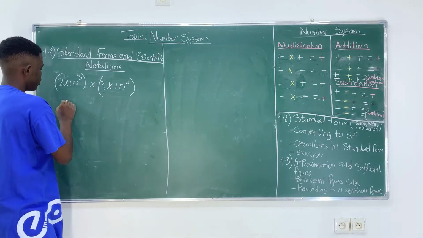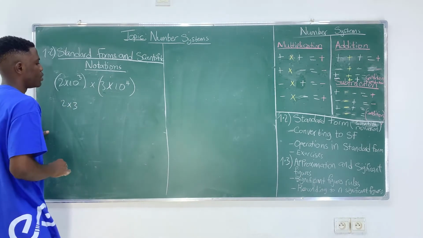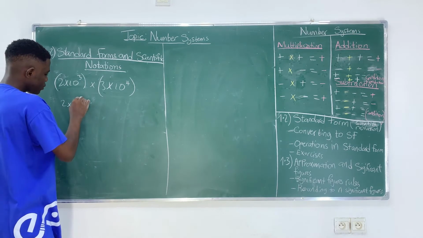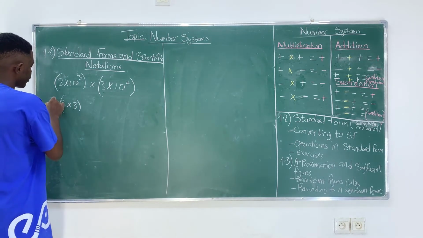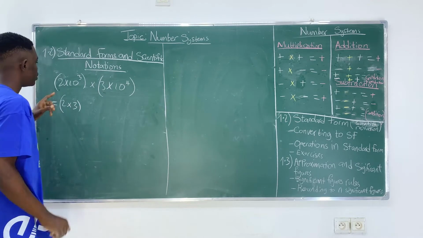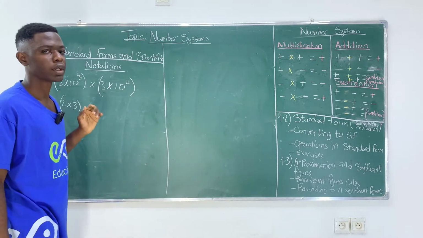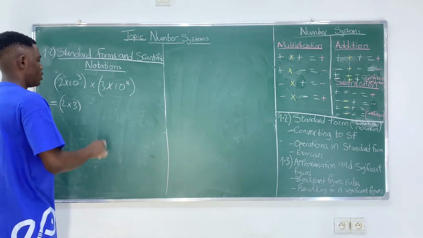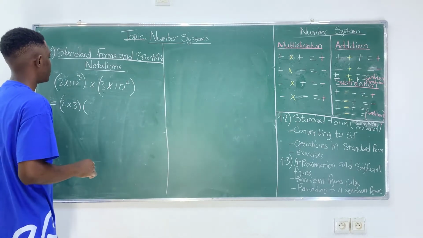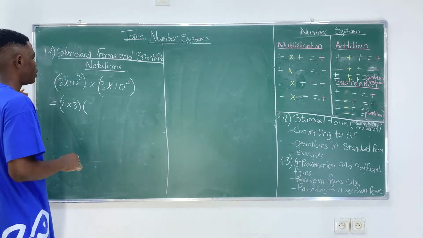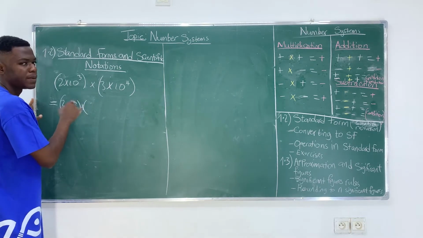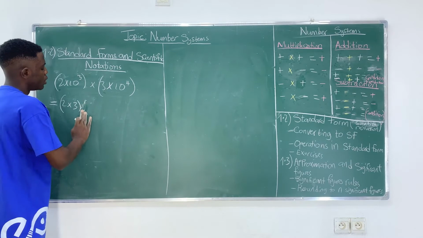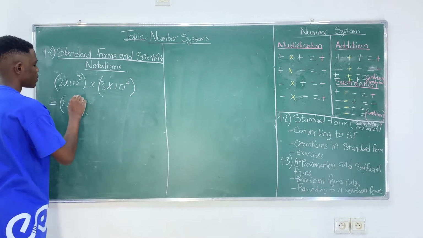So we will have 2 times 3. We put our bracket. Do 2 times 3, put it in a bracket. Now we open another bracket. Okay, we can put the times in the middle, or if you want, you don't put it. This is how we're going to do it.